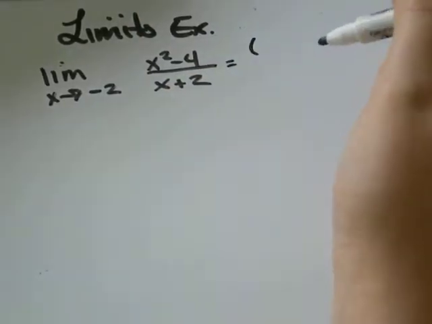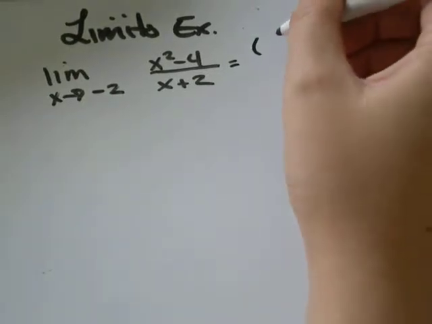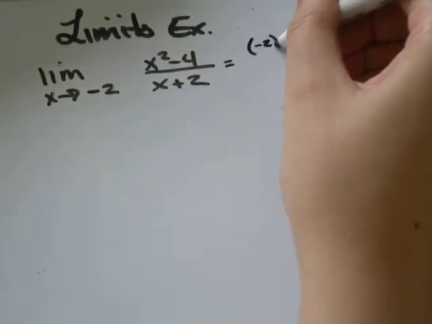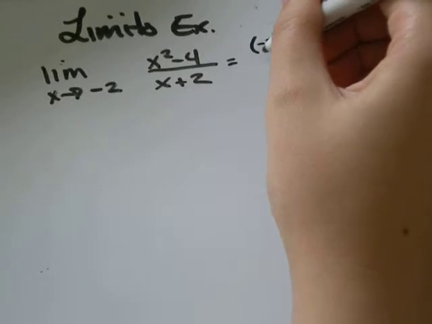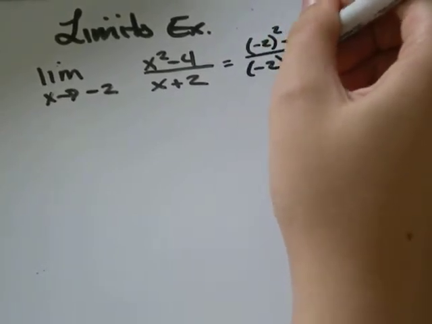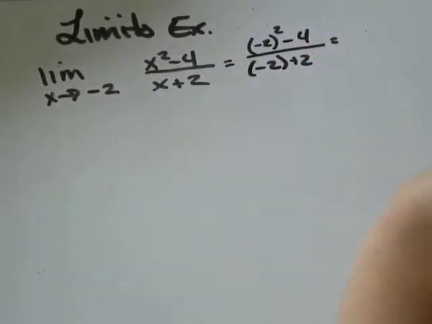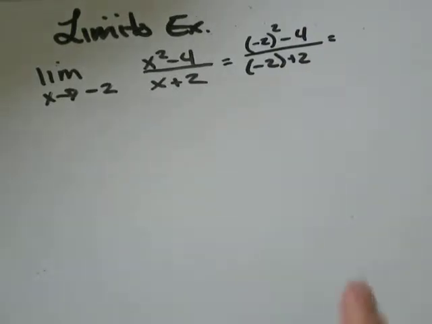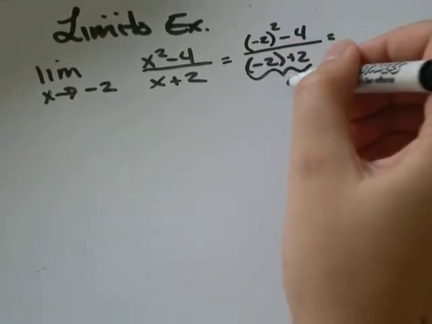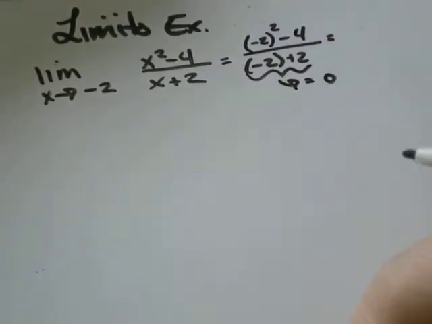When x approaches -2, on the top we would have -2 squared minus 4 over -2 plus 2. That's going to be a problem for us, because when we simplify, we'll find that -2 plus 2 equals 0. You can't have 0 on the bottom of your fraction. You can't divide by 0.